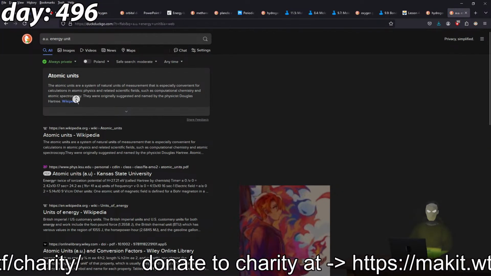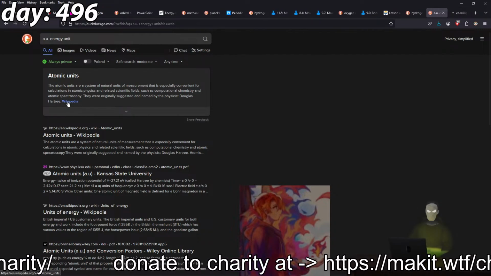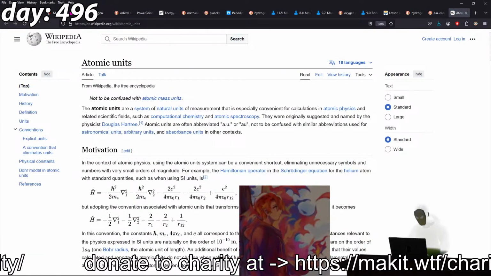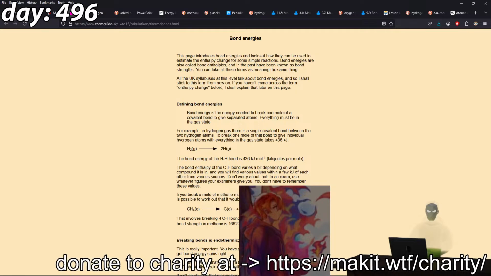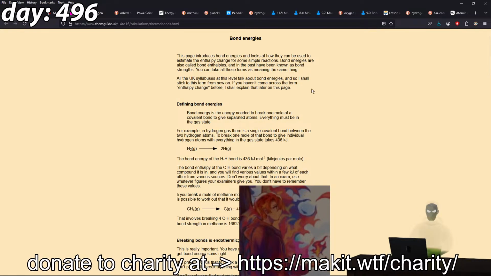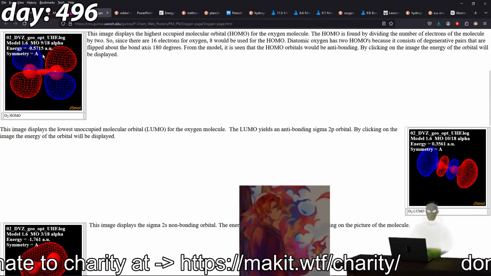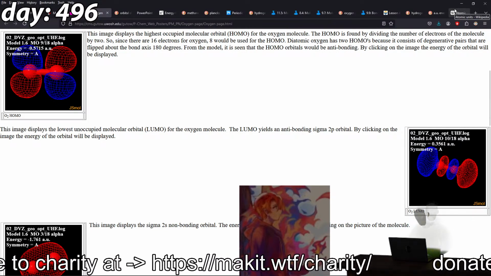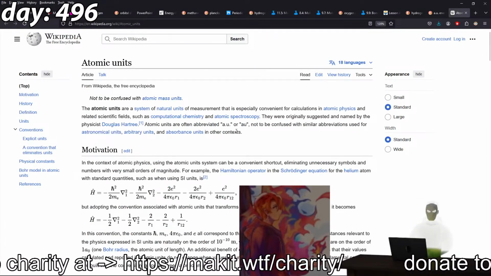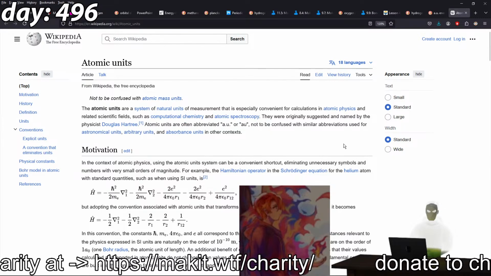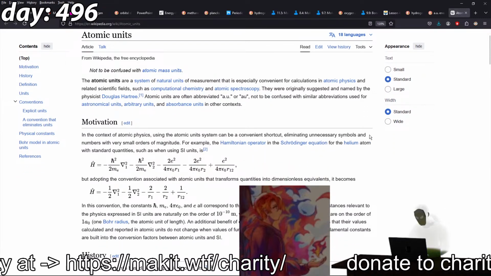The problem is, all of them are different units, because of course they are. We have water in electron volts. We have bond energy right here in kilojoules per mole, because of course. And in this case, it's an atomic unit of energy.